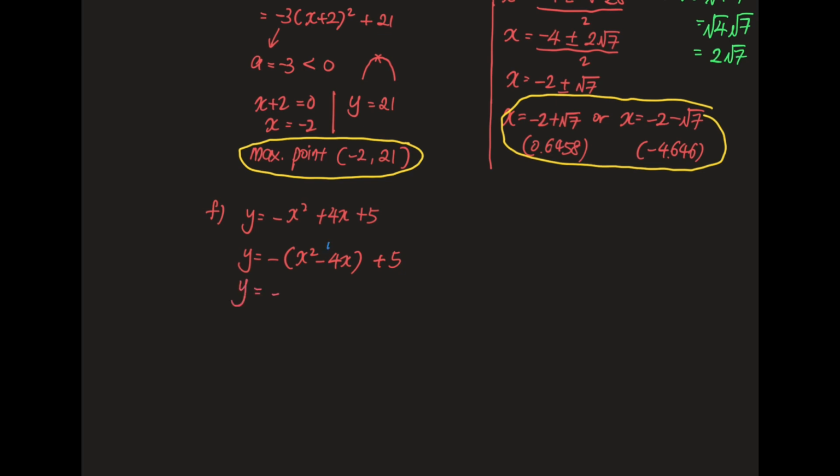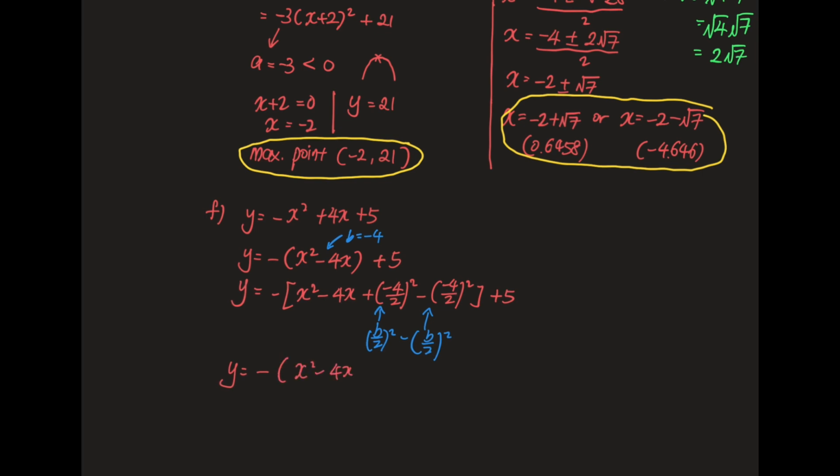I don't factorize it. Now we know that b is minus 4. So I put x squared minus 4x plus b over 2 squared, followed by minus b over 2 squared, which is minus 4 over 2 squared, minus 4 over 2 squared, followed by the positive 5 at the end.